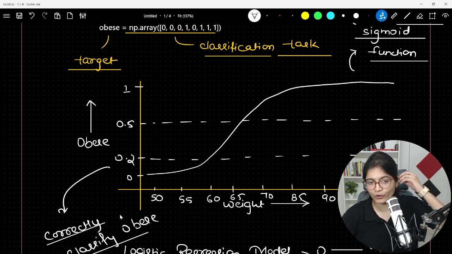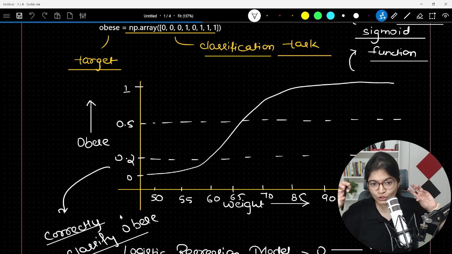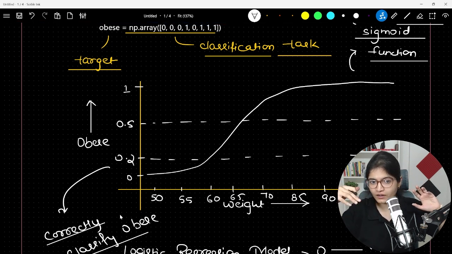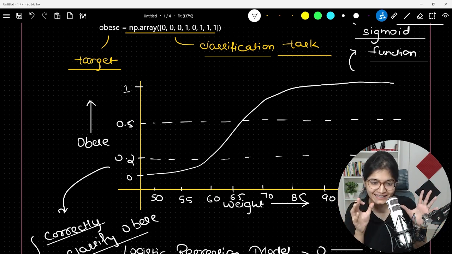Because the values belonging to class 1 will be more, since you are saying that whenever the probability is more than 0.2, the answer will be 1. So definitely you will have more data points belonging to class 1, and those points having obese category will fall there.